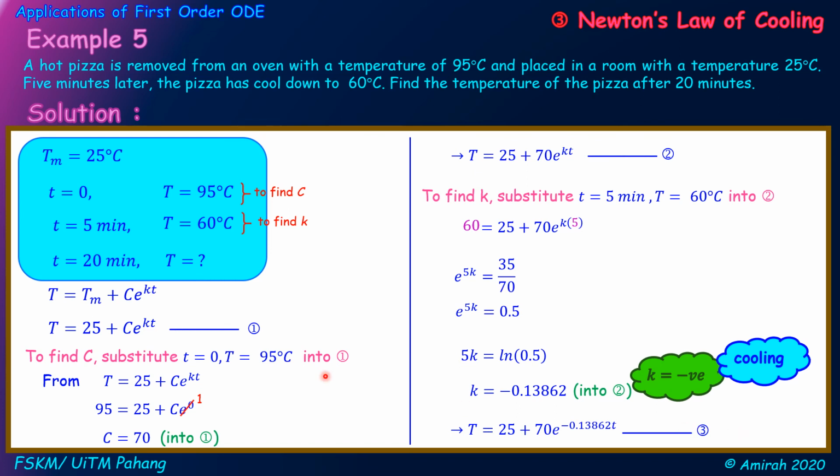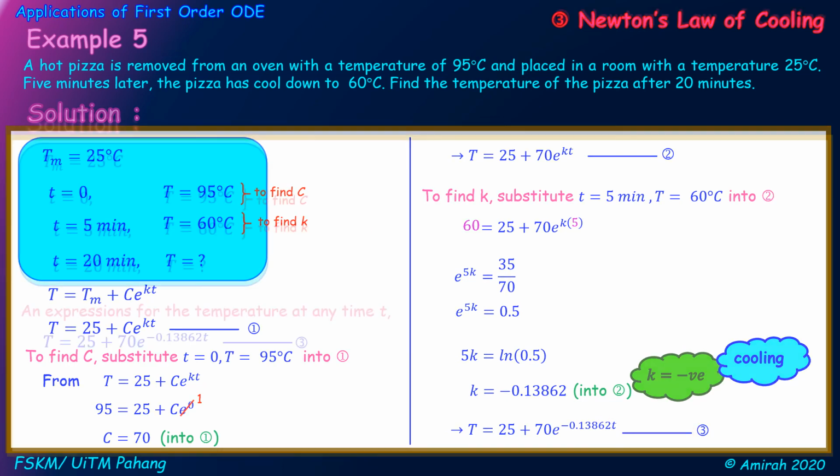Alright. In equation 1, we still don't know the value of c. In equation 2, we have substituted the value of c. And in equation 3, we have substituted the value of c and k. Okay, we name it equation 3 to solve the other question.